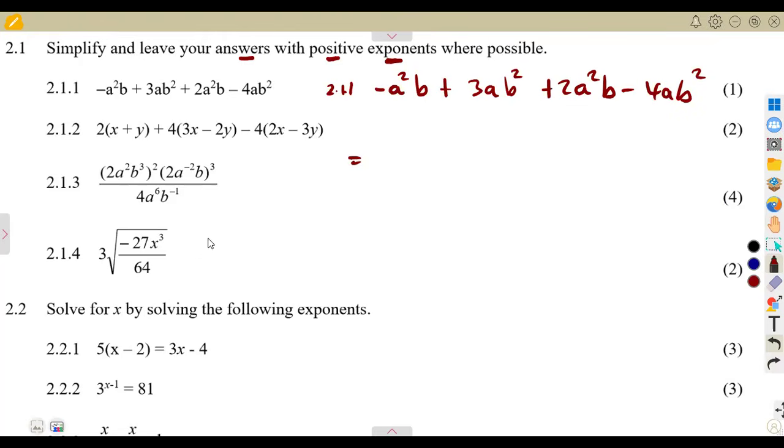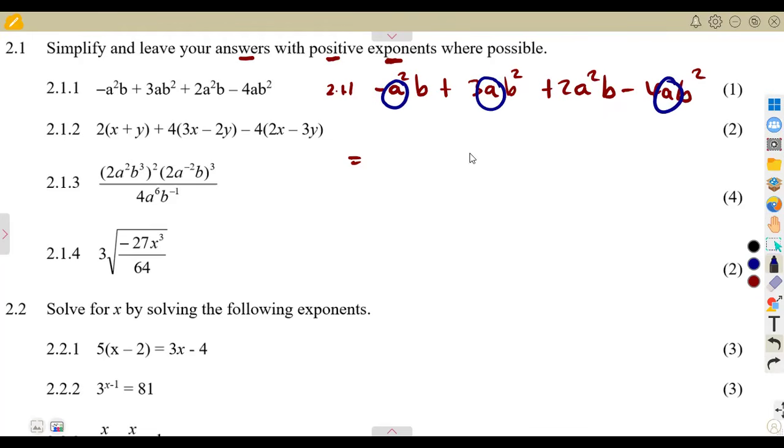Remember the part of collecting like terms. The like terms must be of the same letter, same exponent. A squared, this is also a squared, this is b, this is b. So these are the like terms. If you take here, this is a, not a squared.